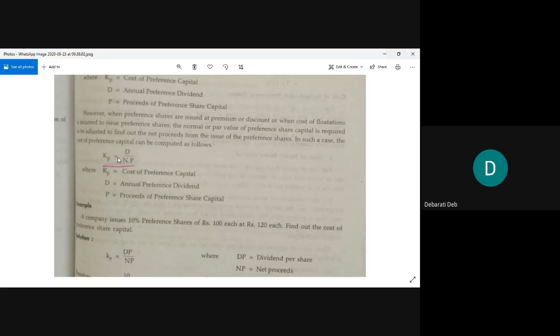Then Kp equals D by NP. Instead of P, you will write NP.